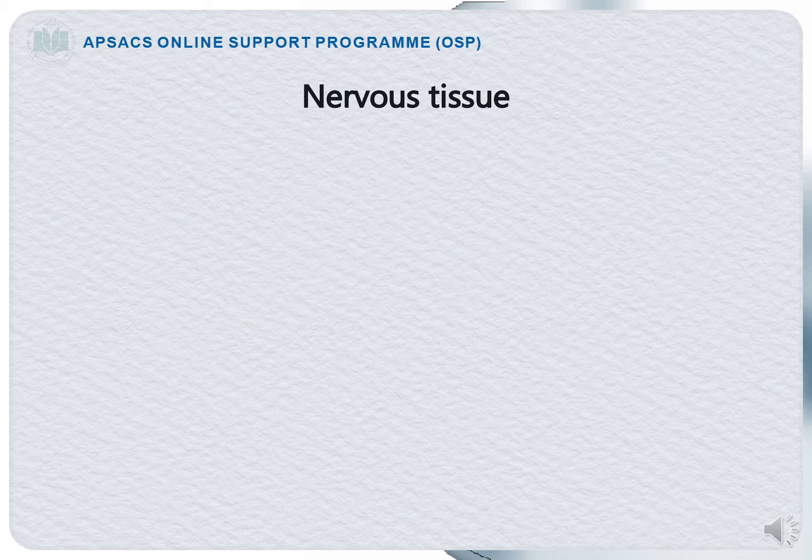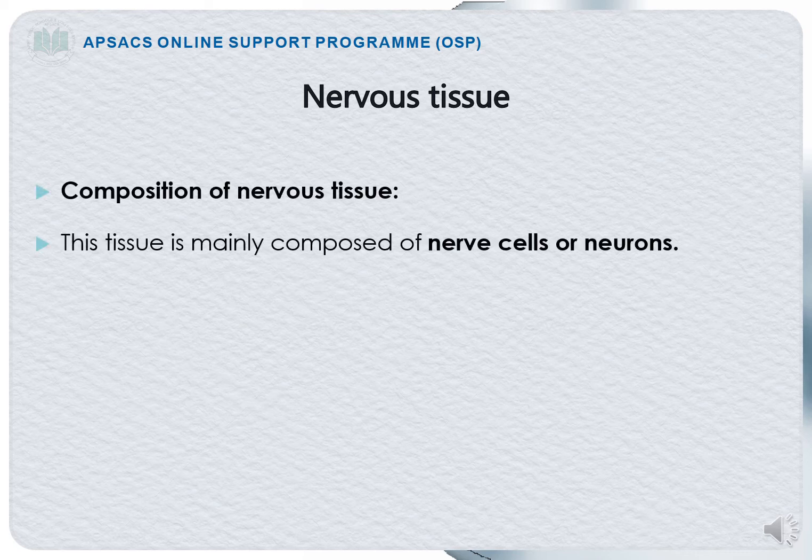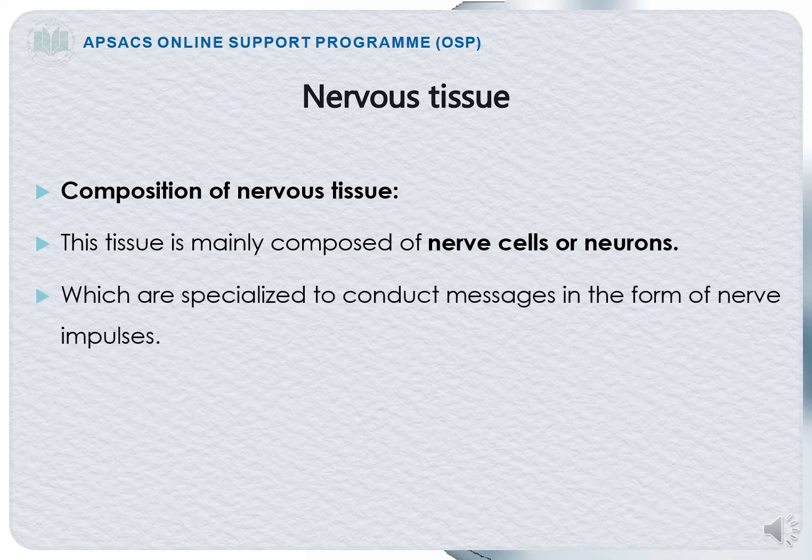Nervous tissues. Composition of nervous tissue. This tissue is mainly composed of nerve cells or neurons, which are specialized to conduct messages in the form of nerve impulses. As I have already told you in the previous slide, the messages are conducted in the form of nerve impulses.